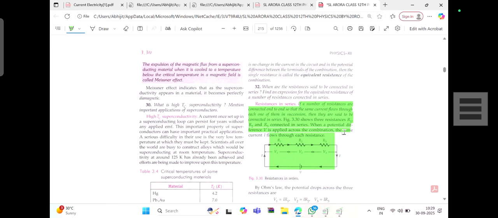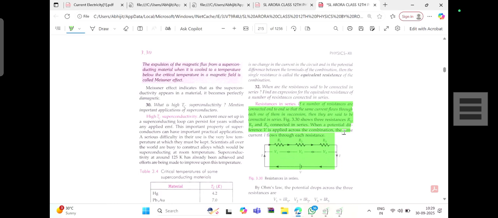You have to remember one thing always, that in series combination, the same current flows through each one of the resistances.